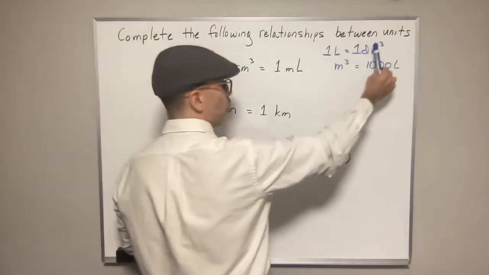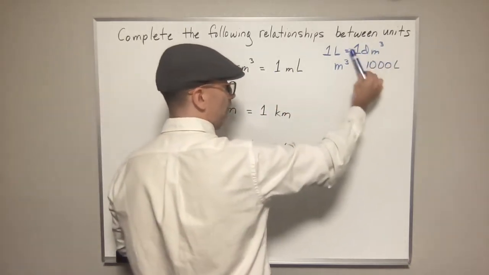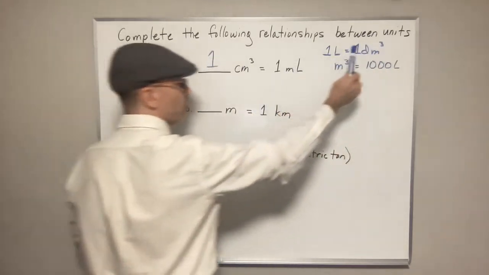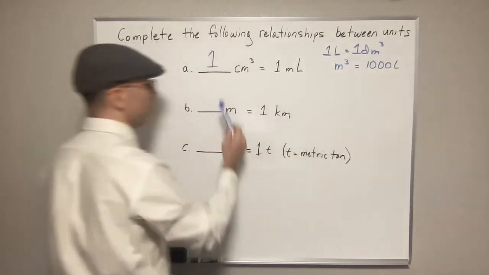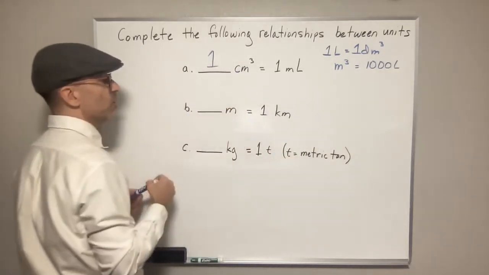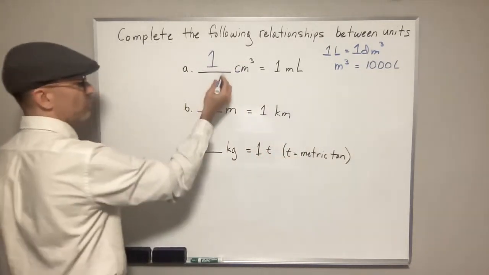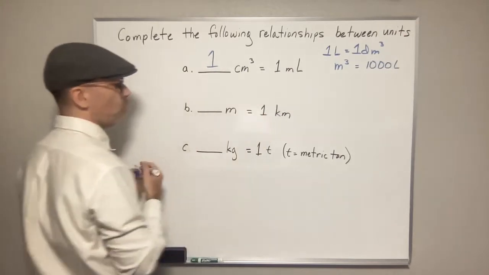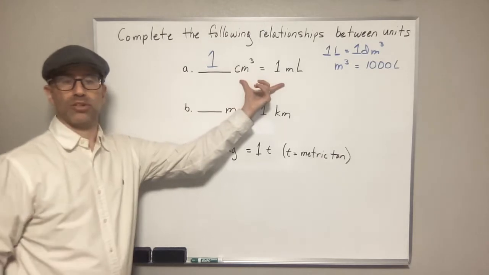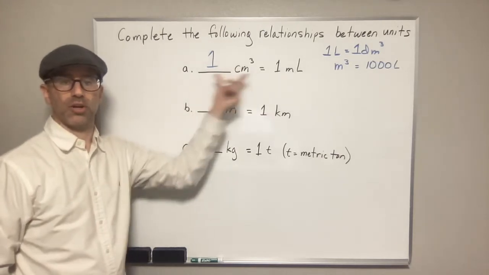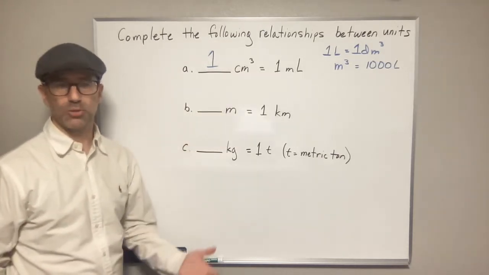And so if you go down to the next one, divide this by 1,000, 1,000th of a decimeter cubed is 1 centimeter cubed. And so 1 centimeter cubed is equal to 1 milliliter. But you just might as well just remember that 1 centimeter cubed is the same as 1 milliliter.